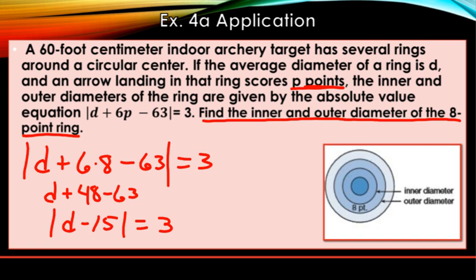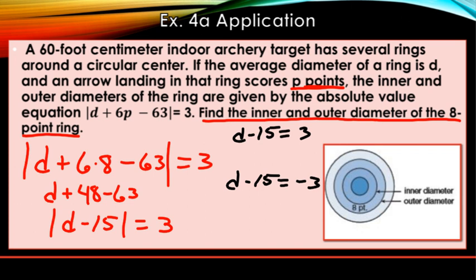What that is telling you is the absolute value is 3 steps away on both sides of 0. So if I write it as two separate equations now, I'll put d minus 15 equals 3, and then d minus 15 equals negative 3, because we want to find the diameter of the inner and outer.